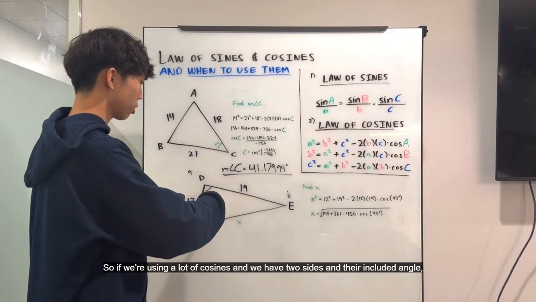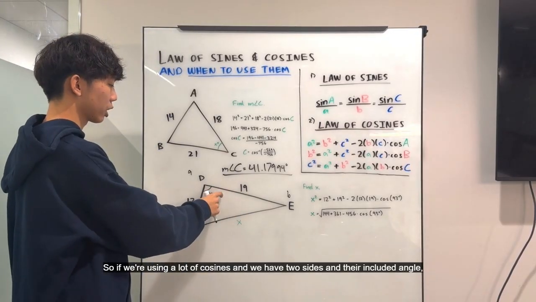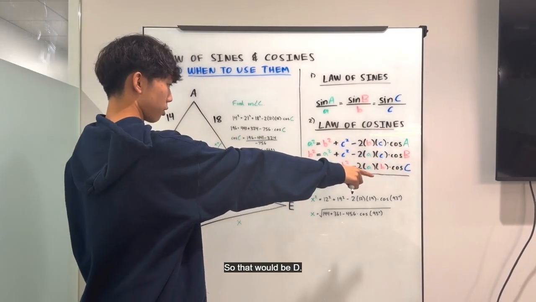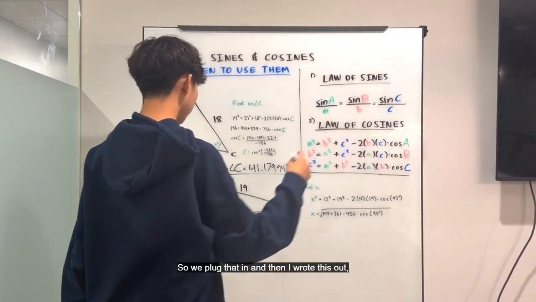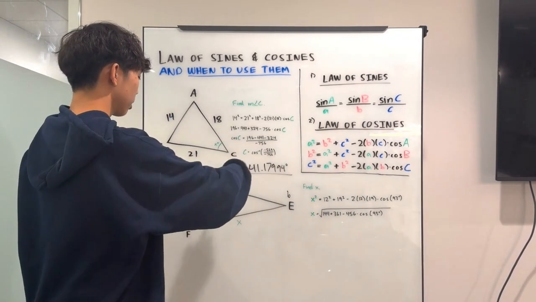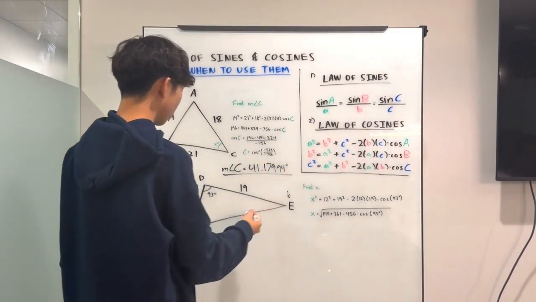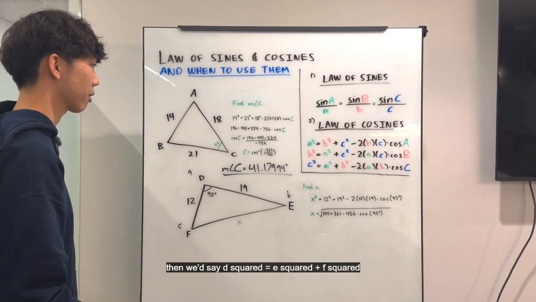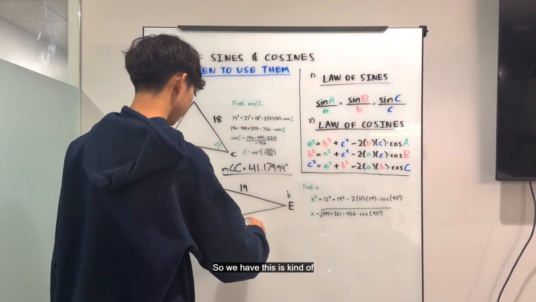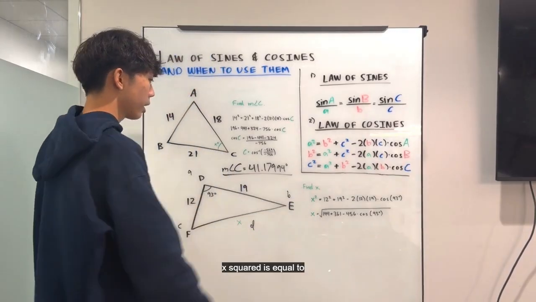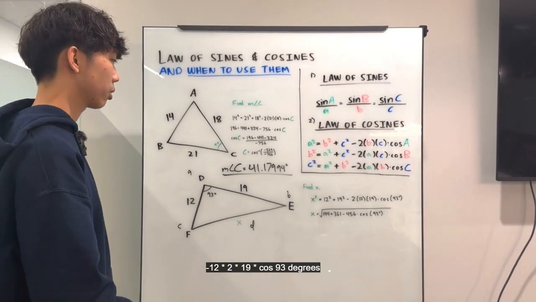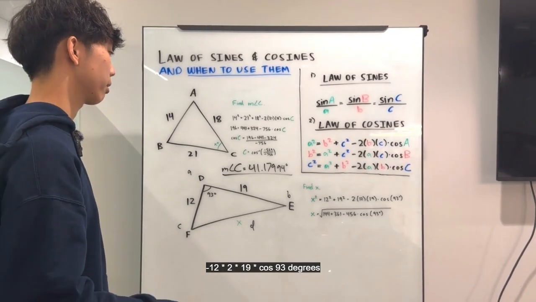So we have angle A. If we're using the law of cosines and we have two sides and their included angle, we should use that angle, which matches what it is here. So that would be D. We plug that in. We get x squared, which is opposite of D. If D is a replacement for A, then D squared is equal to E squared plus F squared minus 2EF times cosine D. So we write x squared is equal to 12 squared plus 19 squared minus 2 times 12 times 19 times cosine of 93 degrees.